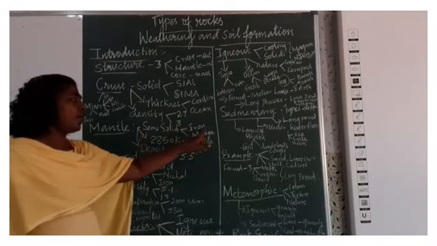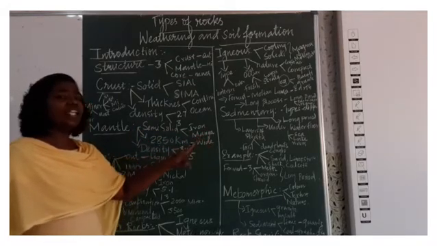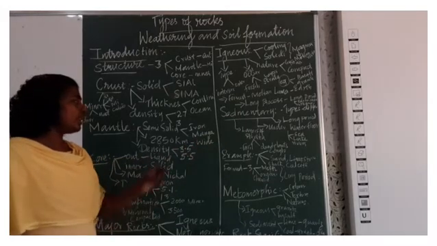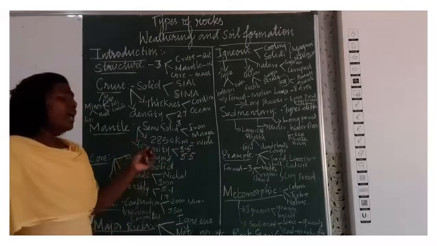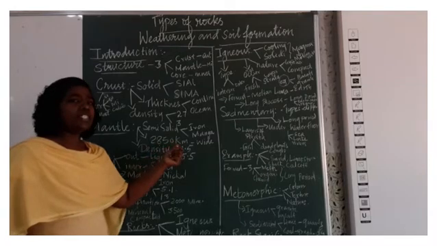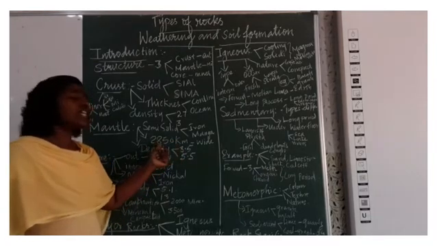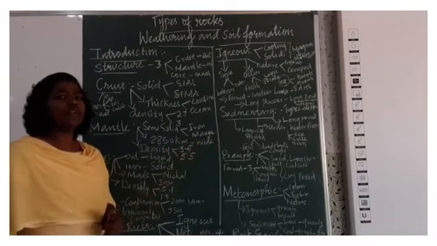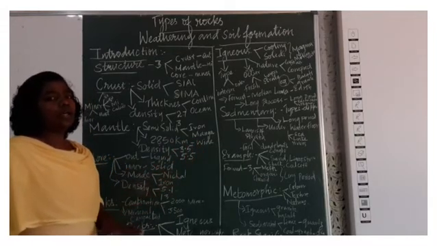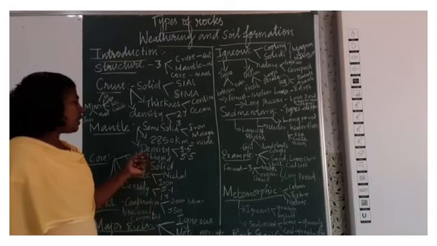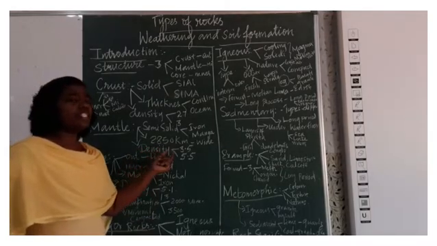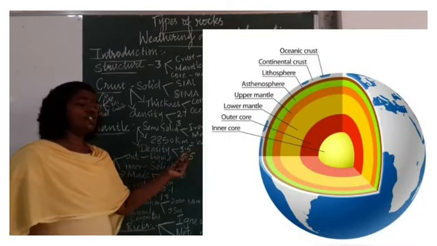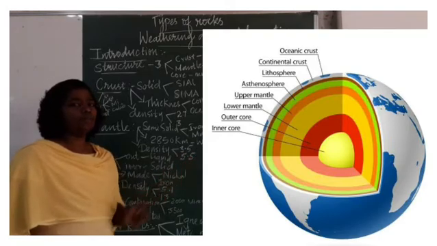So iron and magnesium will be found more in the mantle. The mantle covers 2,850 kilometers wide in the inner region of the earth, and the density of the mantle will be 3.5 to 5.5.